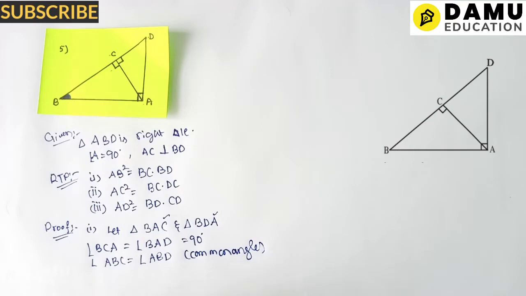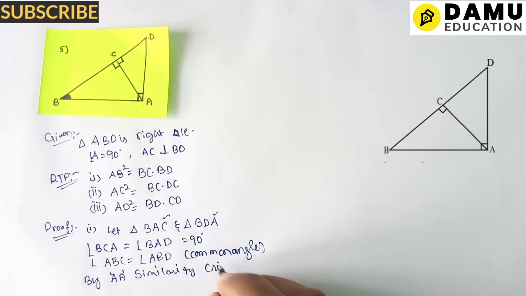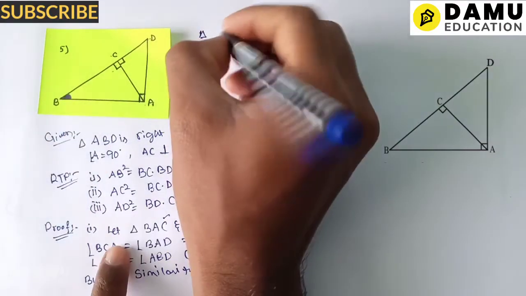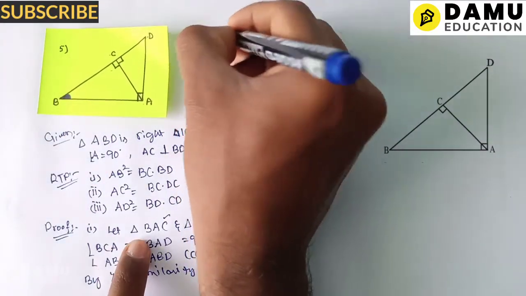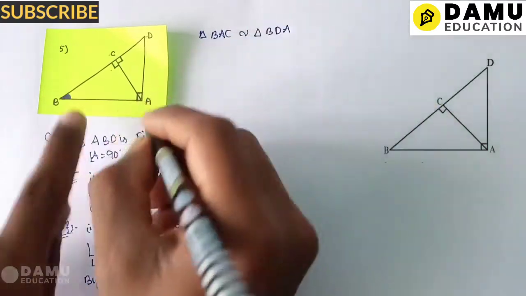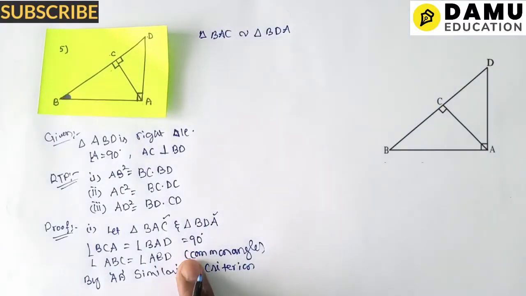So what you can write here is, by AA similarity criterion, triangle BAC is similar to triangle BDA. So these two triangles are similar to each other.